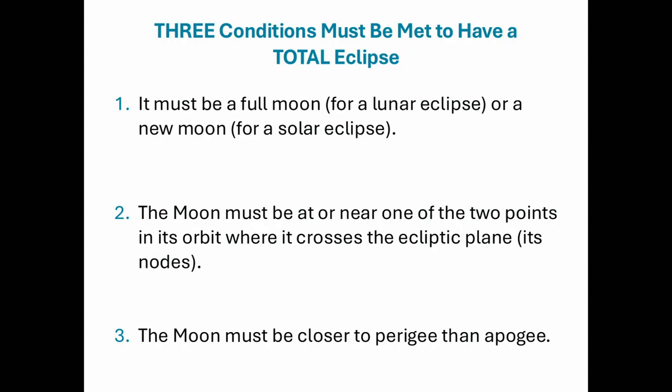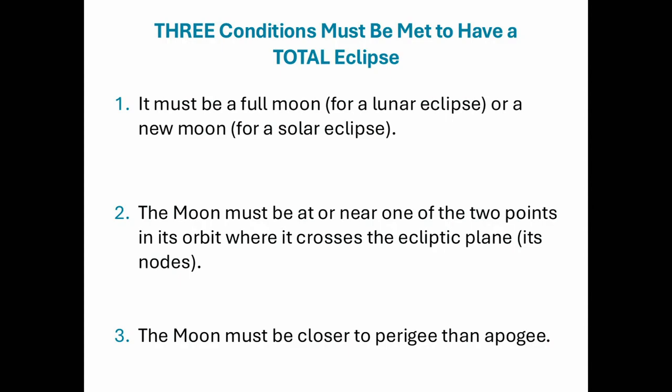And then because the moon's orbit is slightly eccentric, meaning that it's not exactly circular, it has to be when it's closest to the Earth rather than farthest away from the Earth. So this perigee and apogee are vocabulary words that we'll come back to when we start talking about ellipses rather than circles.